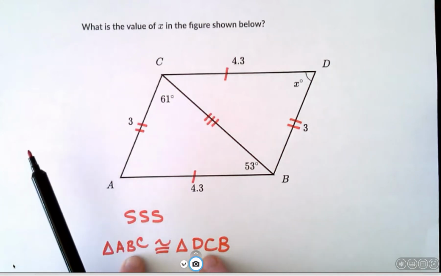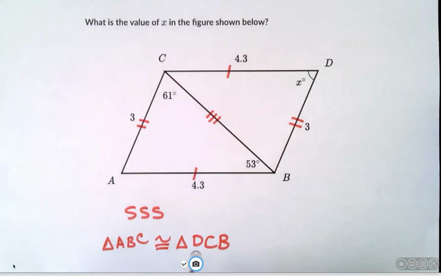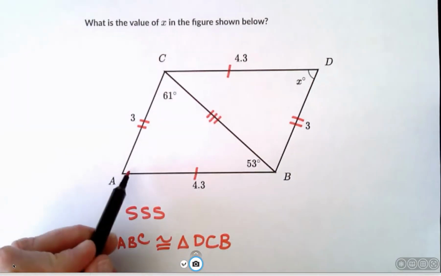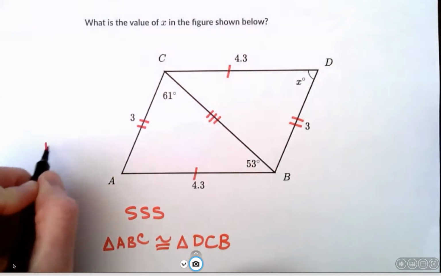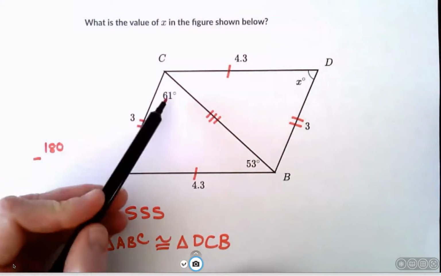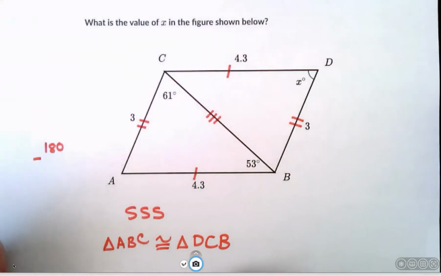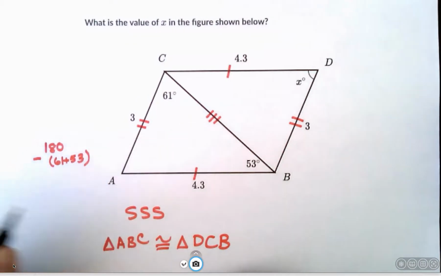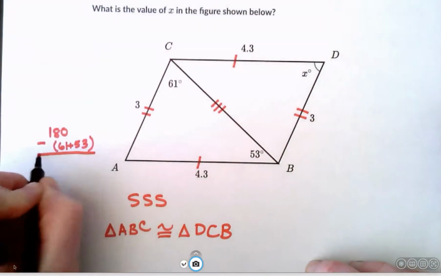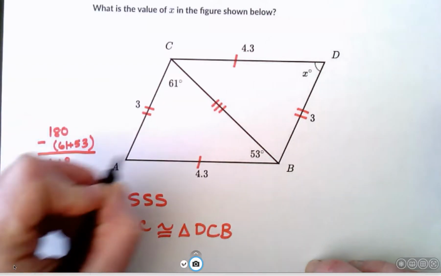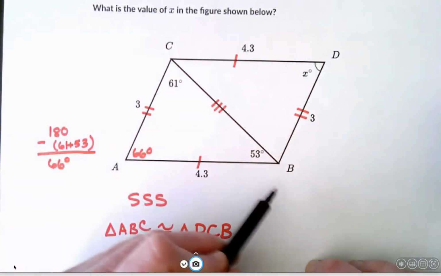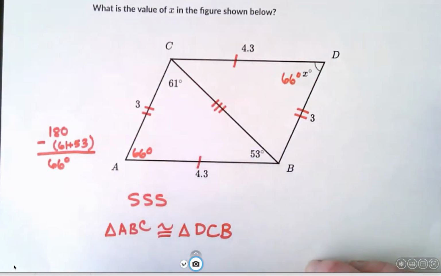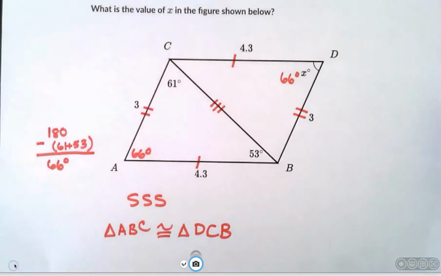Then we know that angle D is the same as angle A, and we can find angle A by taking 180 minus 61 plus 53. And when I do that, I get 66, right? All of these add up to 180. So if this is 66, so is this.